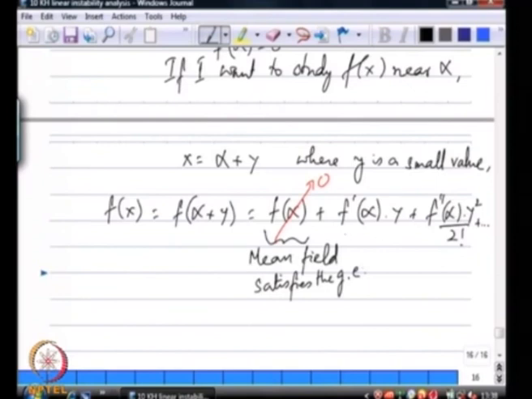So, essentially what we have is f of x can be replaced by f prime alpha times y, which is a linearized form, where the function has been linearized in the neighborhood of alpha. This is exactly what we have done.